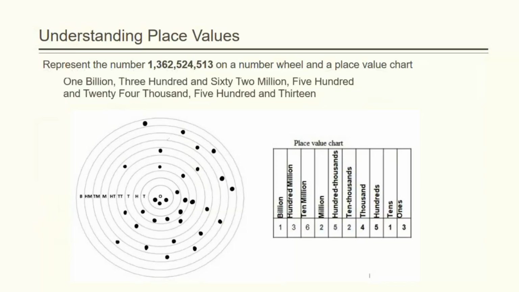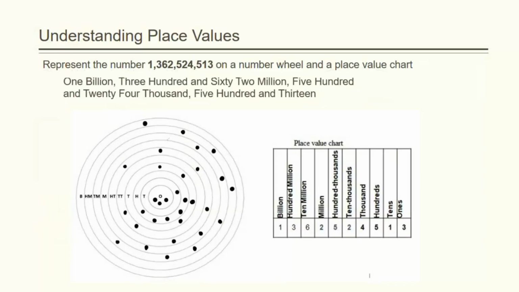In the same way, if you go one step outside, you would get to the tens column, which is represented by 1. Now, if you watch closely in the tens ring on the number wheel, you realize that there is only 1 dot representing only one of the tens.